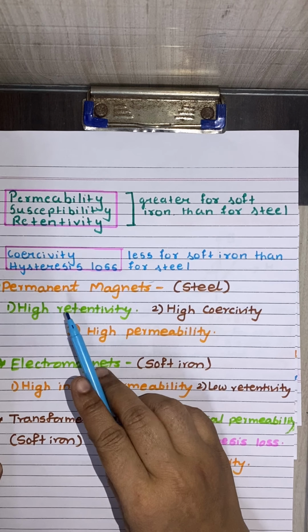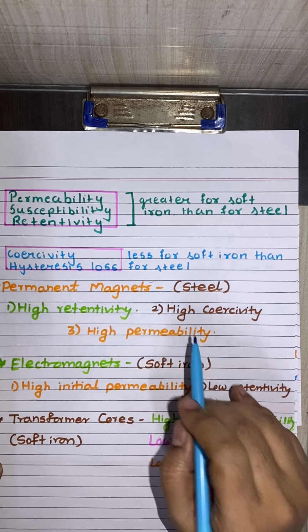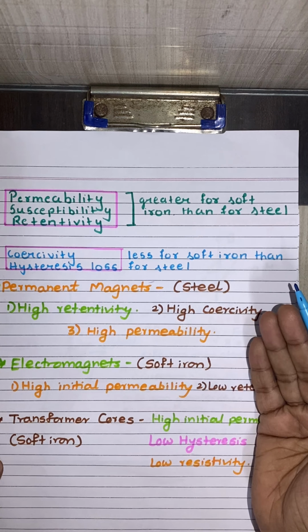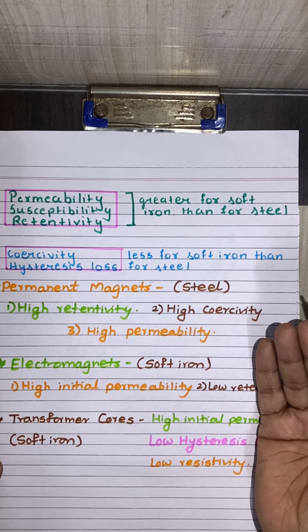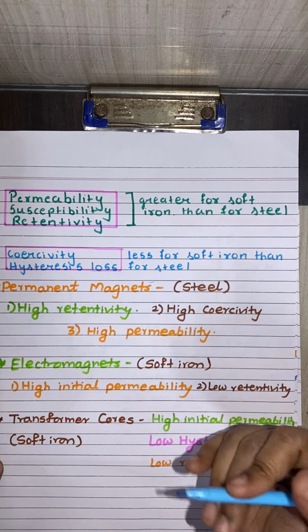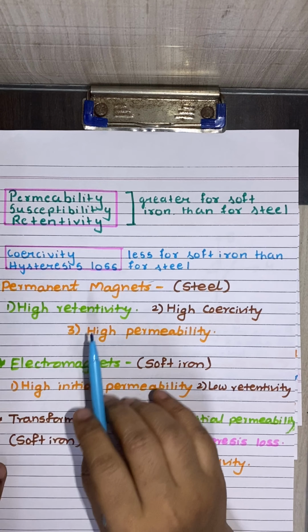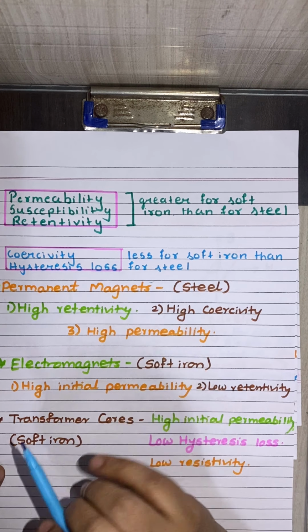So if we are making a permanent magnet, high coercivity must be considered, so that against any external small magnetic field, temperature variation and mechanical damage, it should not lose its magnetization or magnetic induction.